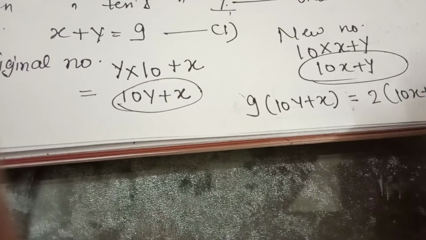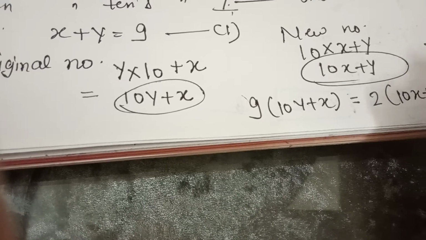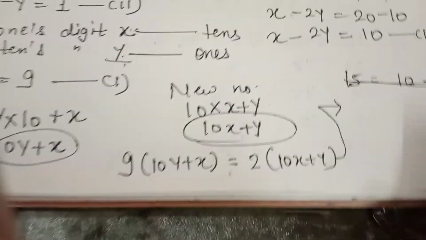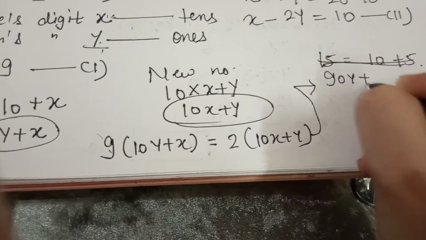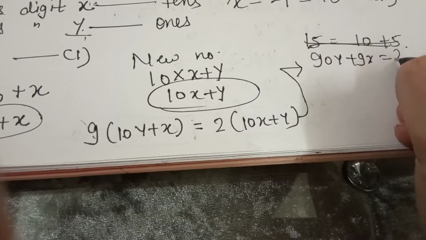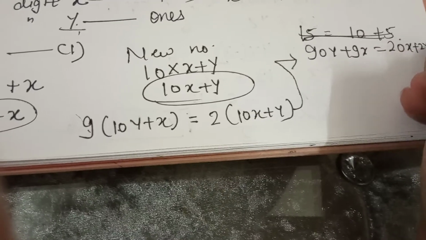Now solve. I am solving it here. 9 into 10, 90y plus 9x, equals 20x plus 2y.